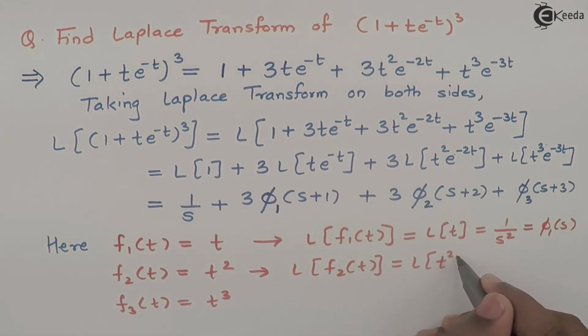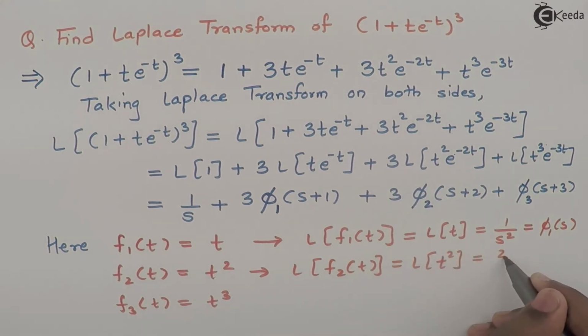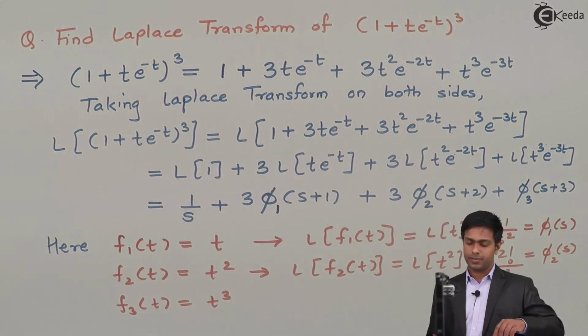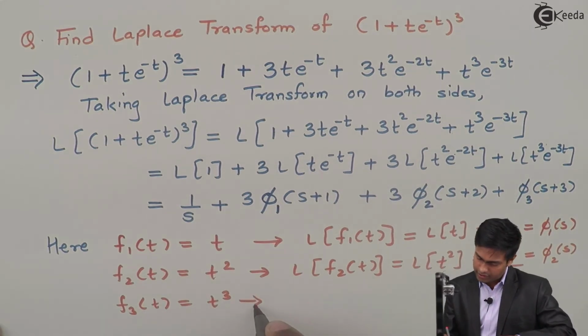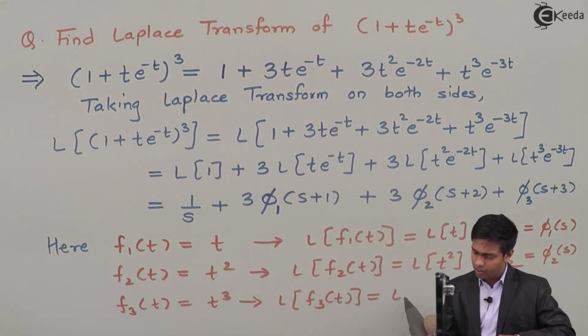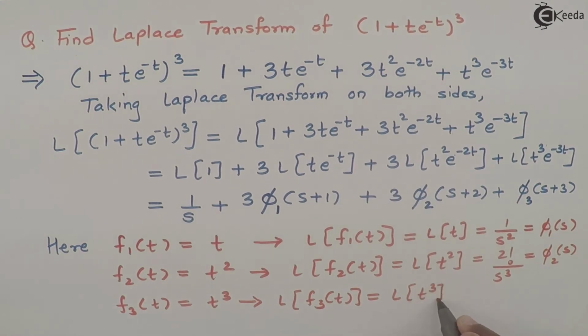So Laplace of t square is 2 factorial upon s cube, and this will become our second function of s. And for the third, Laplace of f3 of t is equal to Laplace of t cube, which is 3 factorial upon s raised to 4, which is our third function of s.